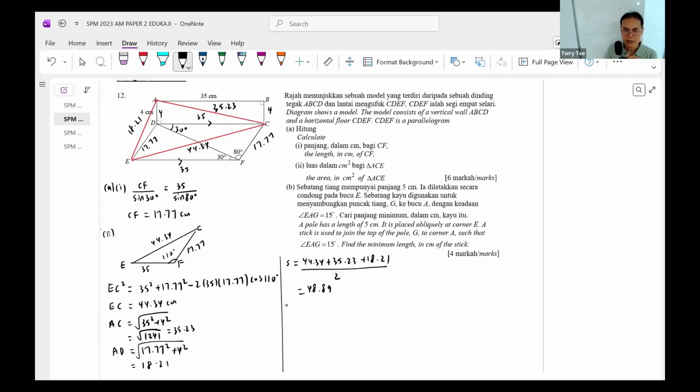Now, how do we calculate? Remember the formula goes like this: a long square root, 48.89, then minus the first side. Which side do you want to start with first? Maybe I start with 44.34. 48.89 minus 44.34, second side is 35.23, 48.89 minus 35.23, third 48.89 minus 18.21.